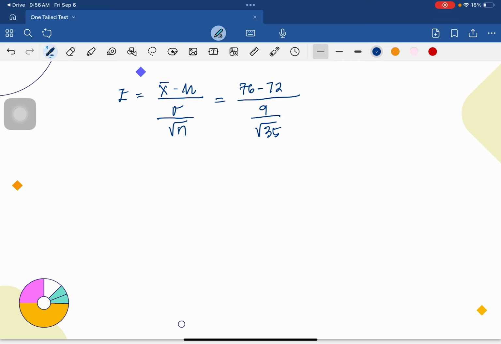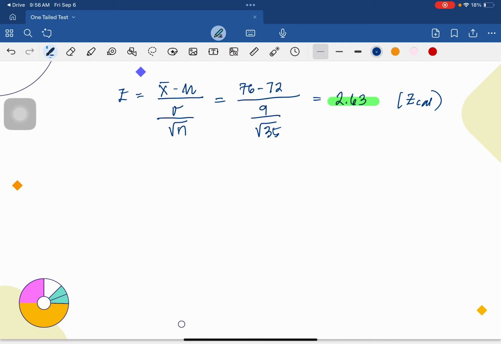If my values are correct, I computed here 2.63. So does it end there? Of course not, because we still have to get the critical value. This is our z calculated. So this is the z cal.